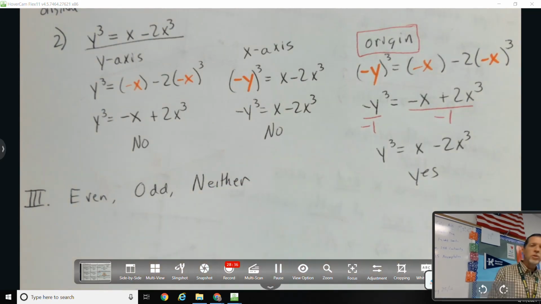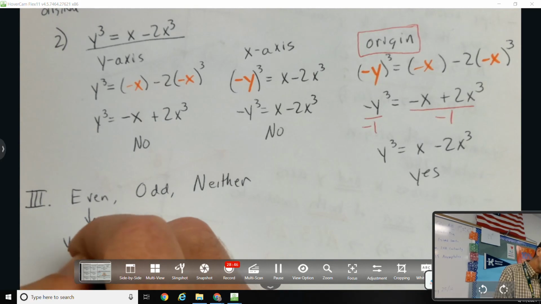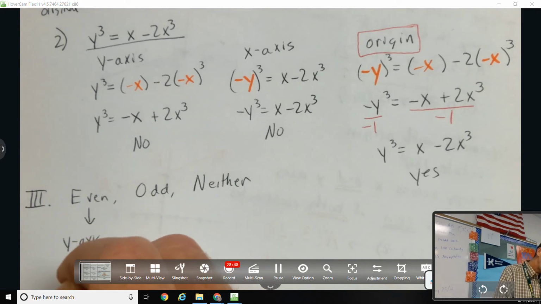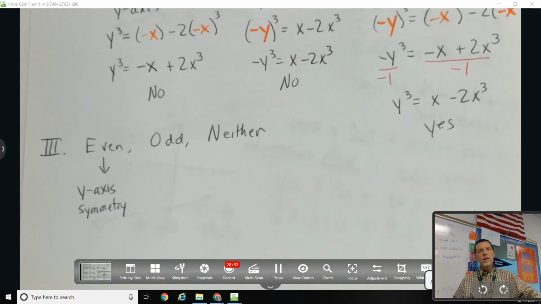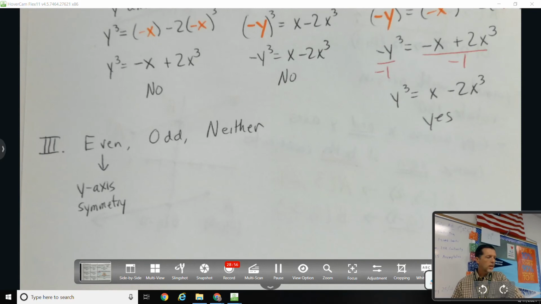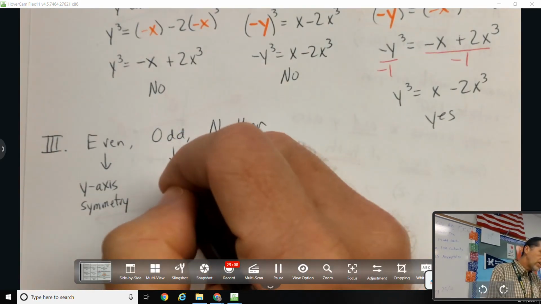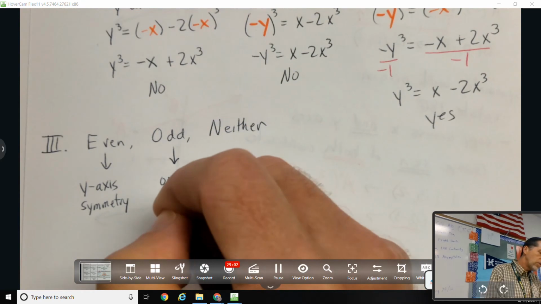All right, Roman numeral 3, as promised, will be short. It's just more vocab for what we already know. An even function is one that has y-axis symmetry. So it's just another word for y-axis symmetry. An odd function has origin symmetry.